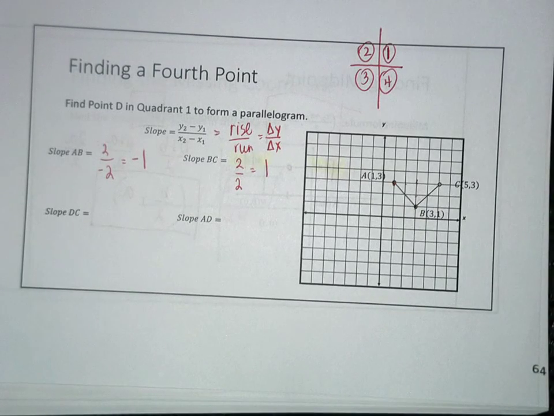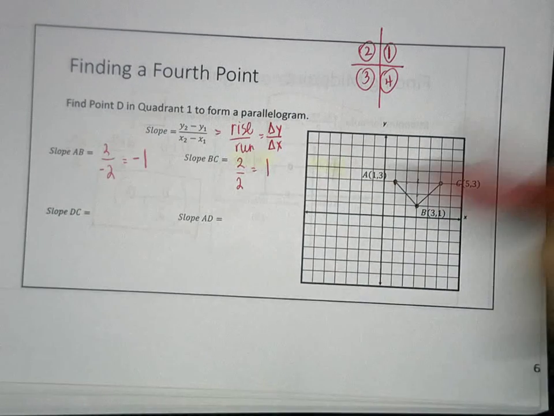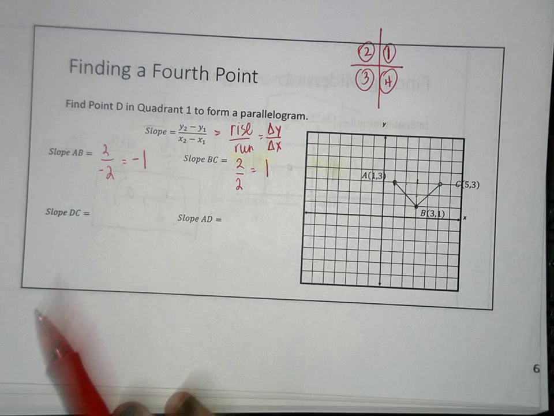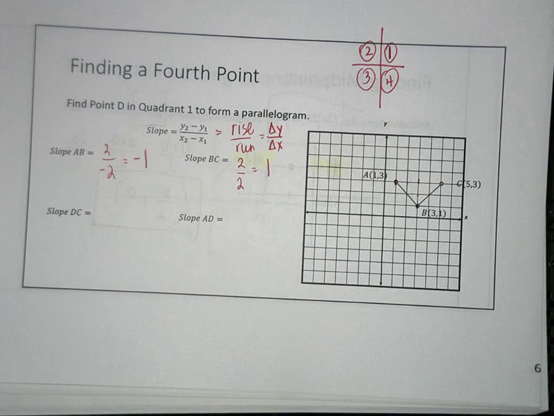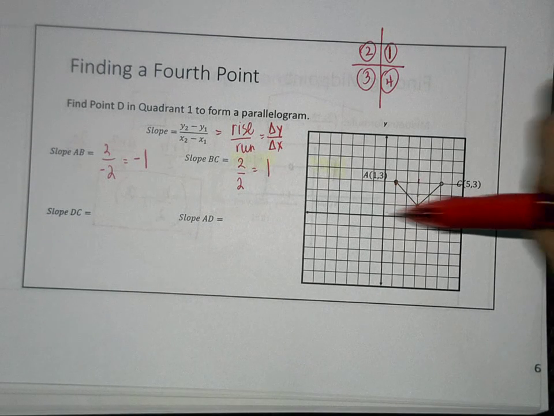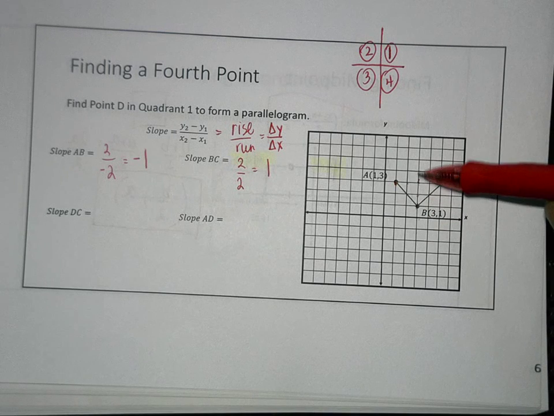We haven't figured point D yet, but let's do DC. Oh, we can't do DC either. Where do you think D is going to be? Do you guys have any idea where you'd put the point to make it a parallelogram? What do you think, Stephen? 3, 5. So you think over 3 and up 1, 2, 3, 4, 5?